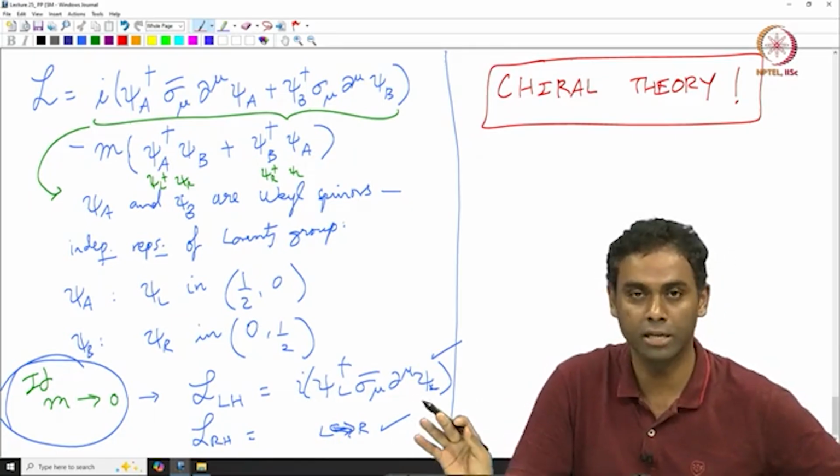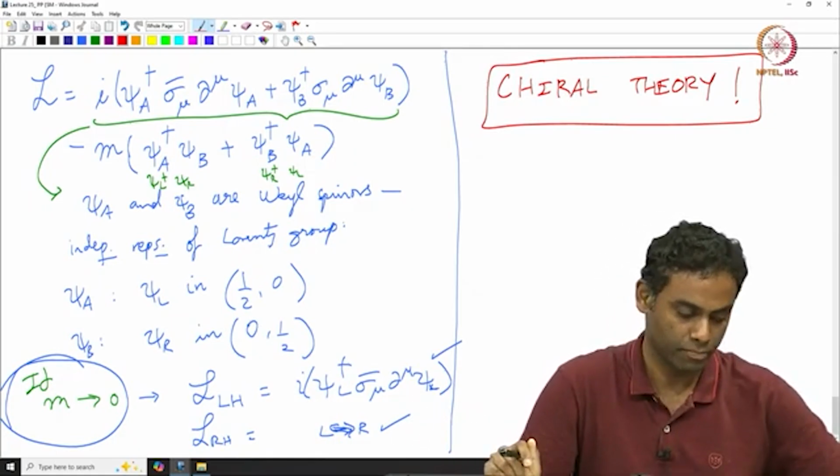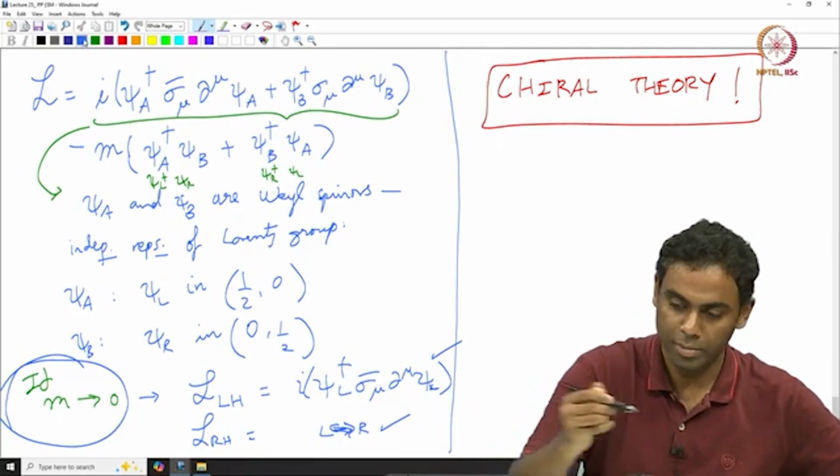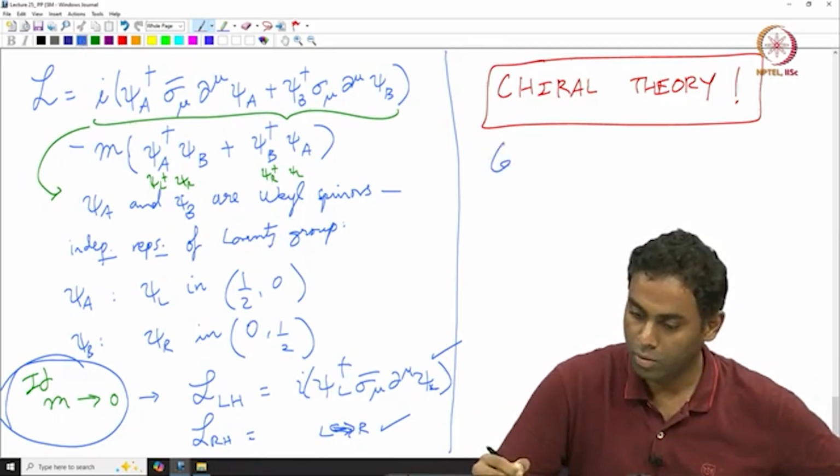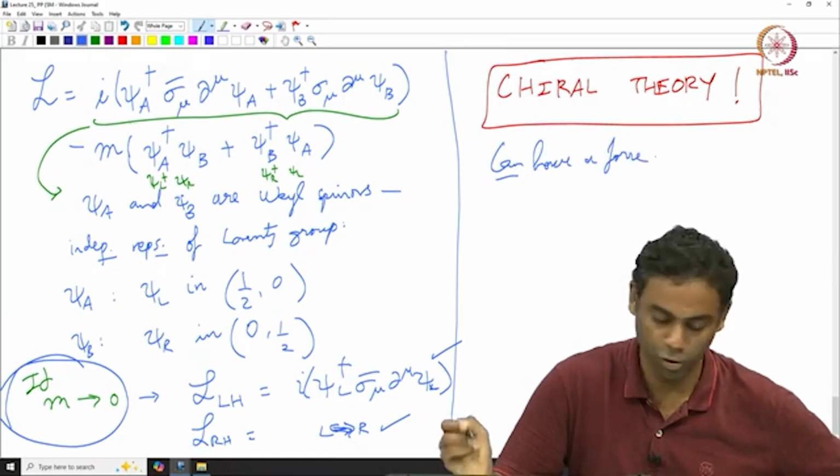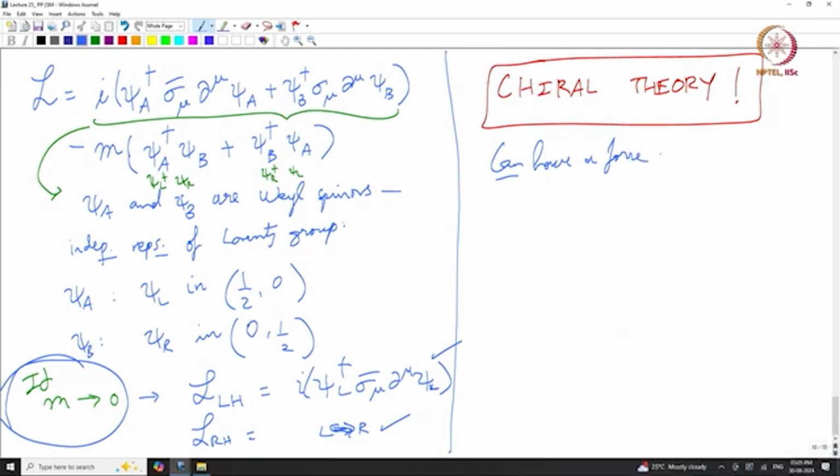I can charge just the right handed states and not the left handed states. Let me write that down. One can have a force affecting only the psi-Ls and not the psi-Rs.